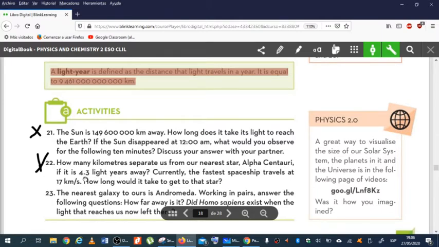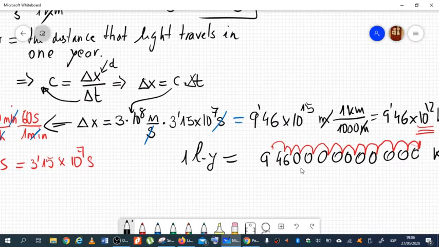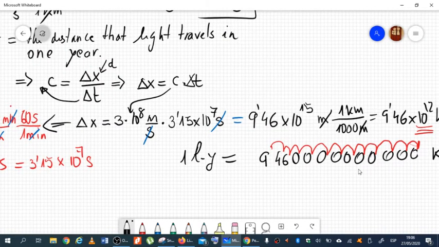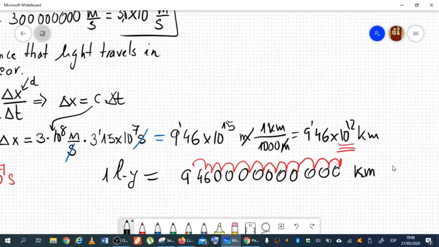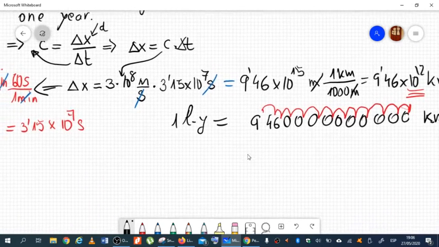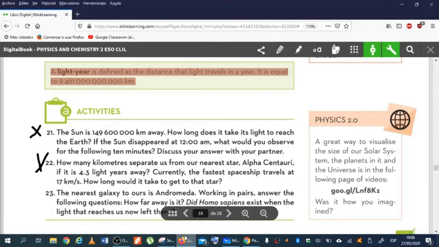Okay, 4.3 light years. So this star is at 4.3 times this number of kilometers. A huge distance, a very large distance.